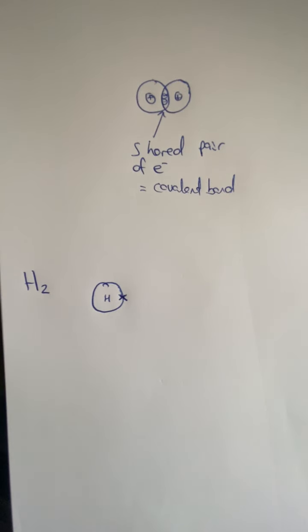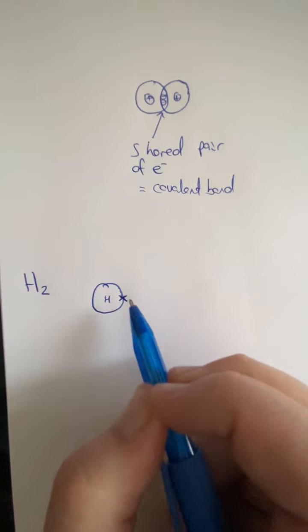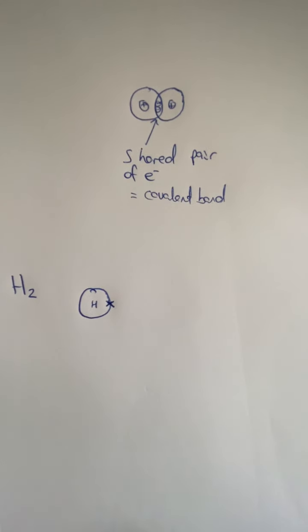This is because the atomic number is 1. You know that because it's in the first shell, it can only have 2 in order for it to become stable, i.e. have the same electron configuration or arrangement as noble gases.